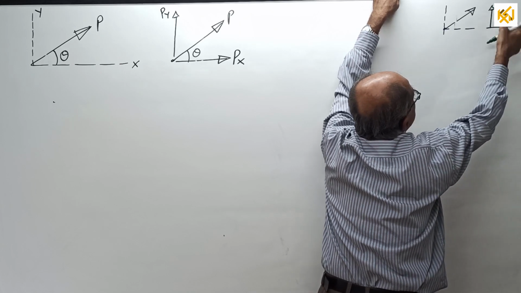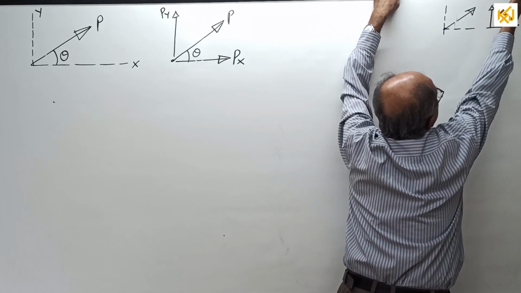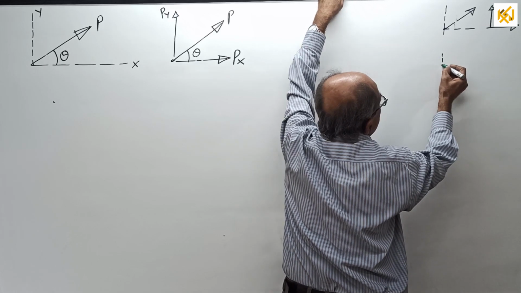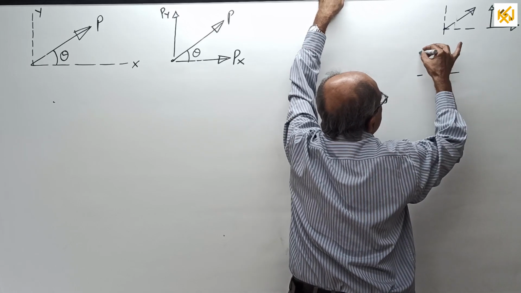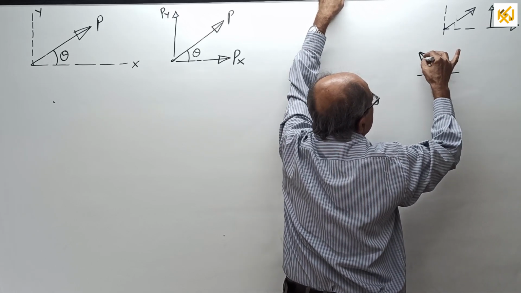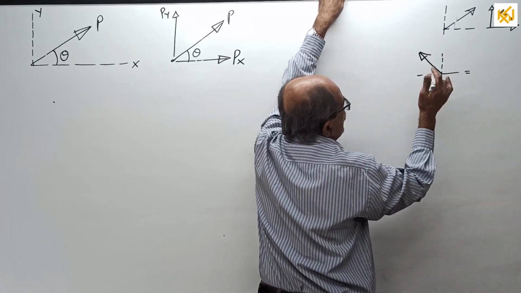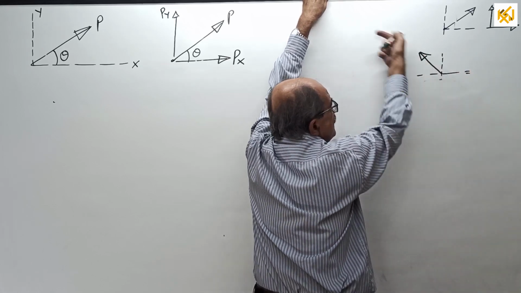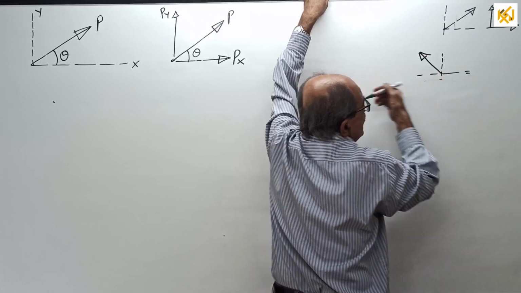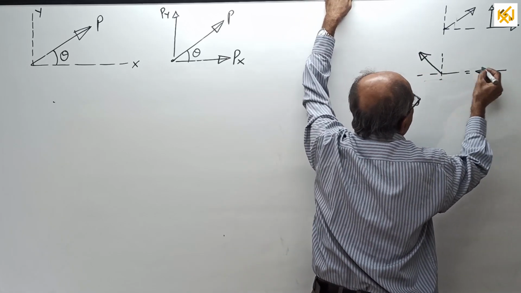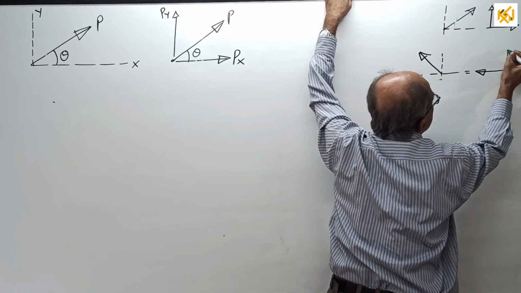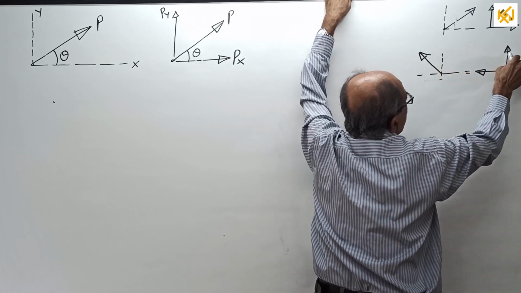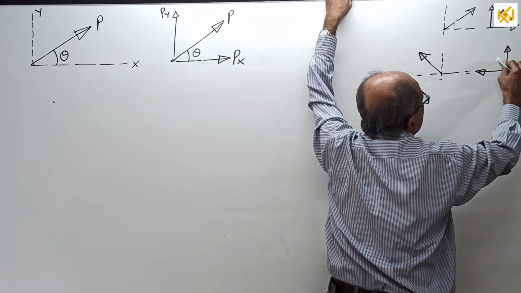For these two, once again, this will become the resultant. Now, in case the force is going this way, then when you resolve, this force is in this direction. This will be the X component and Y will still be like this. For these two, once again, this will become the resultant.